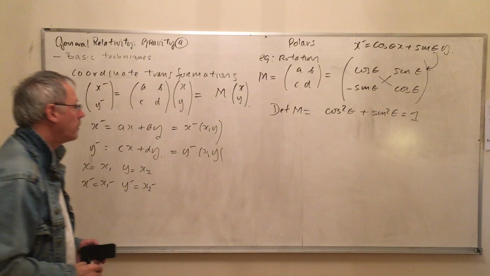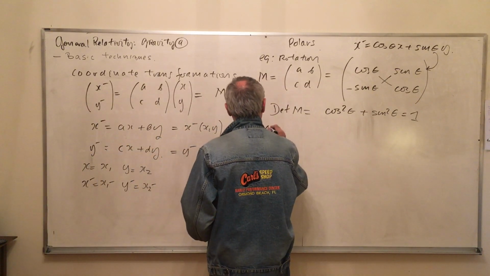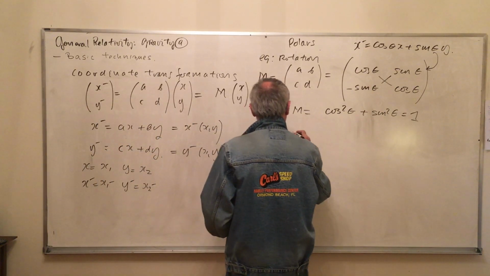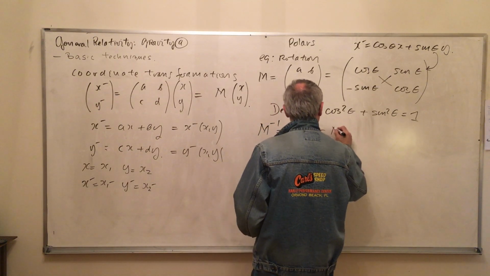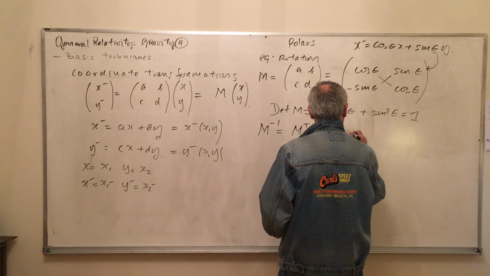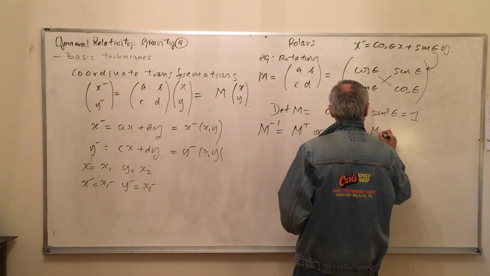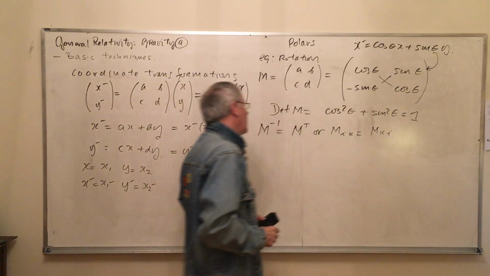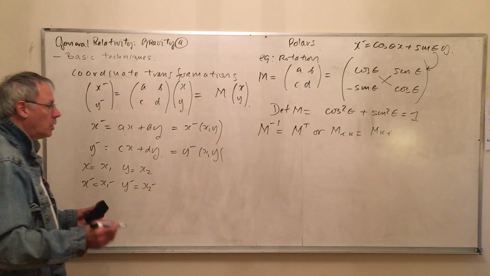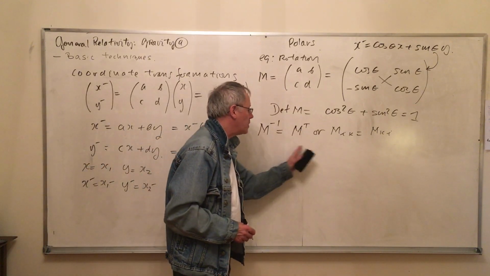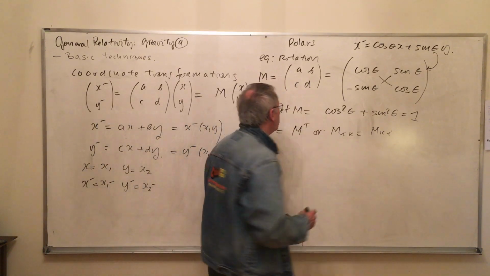What else? Okay, in this case here, the inverse of the matrix is going to be, you can show it, just the transpose of it. M inverse IK is equal to M KI.